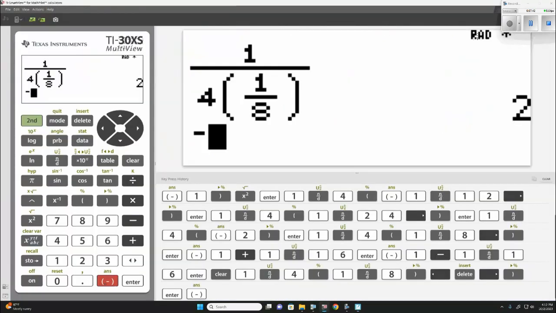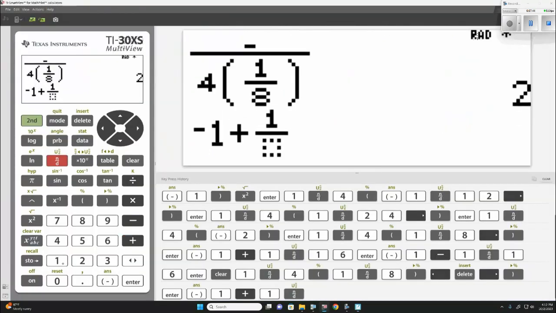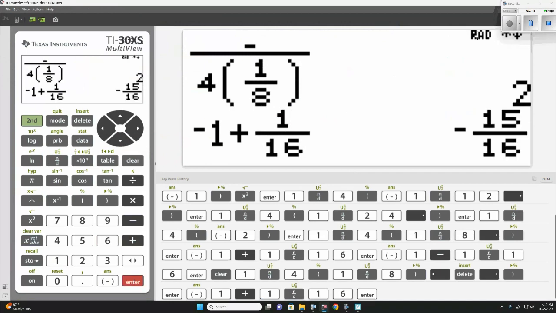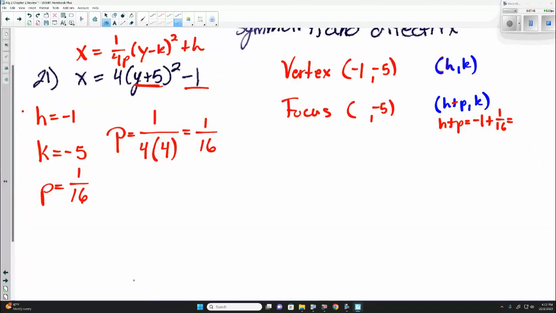Now we can do this in a calculator. -1 plus 1/16 is -15/16. So the x value of the focus is -15/16. Now our directrix this time is indeed x equals, because the general form is x equals h minus p. So this time we'll have -1 minus 1/16.